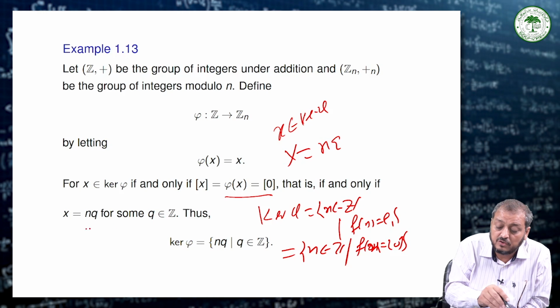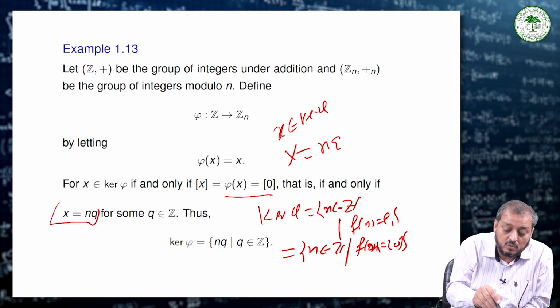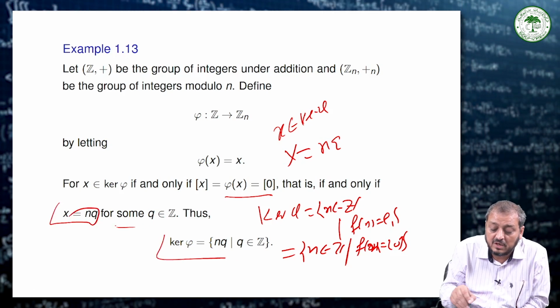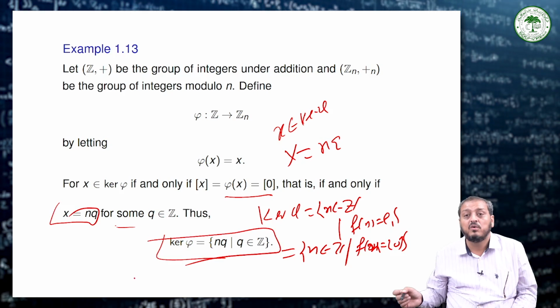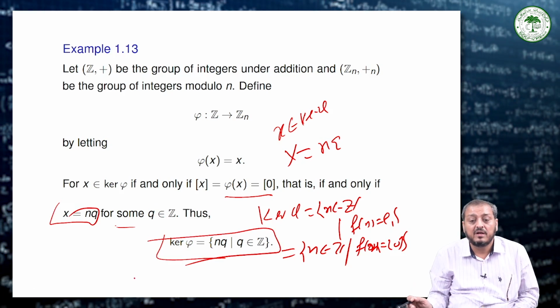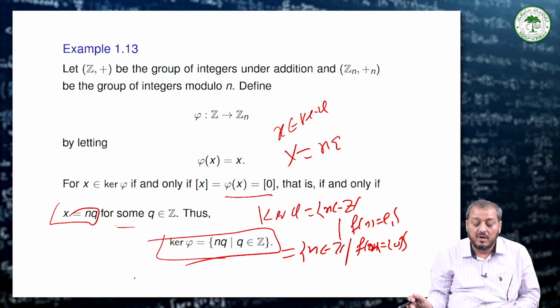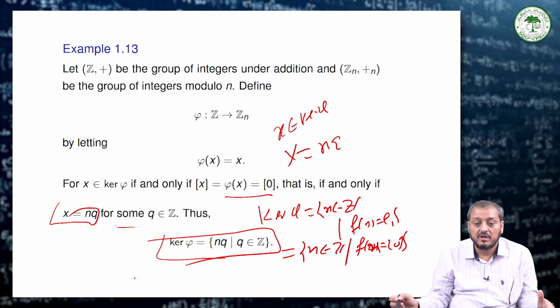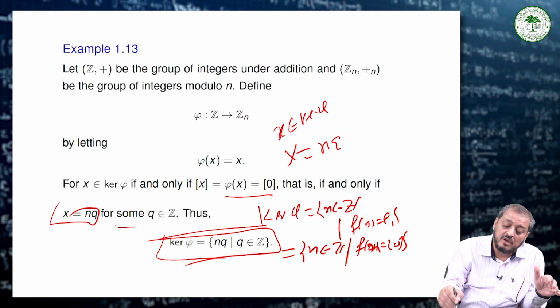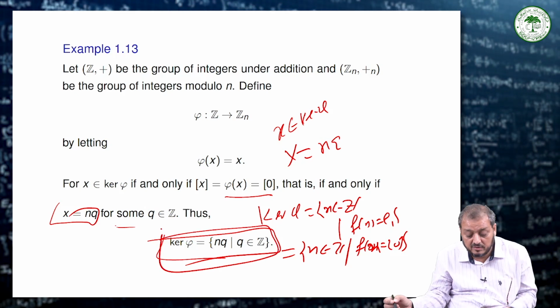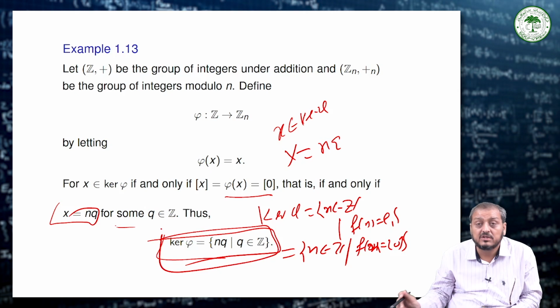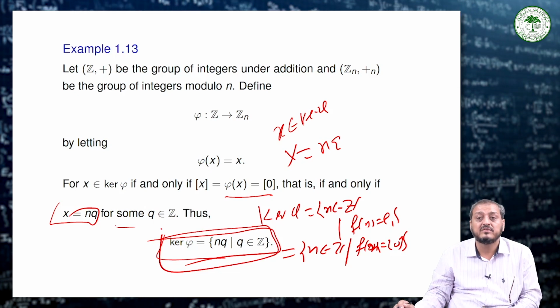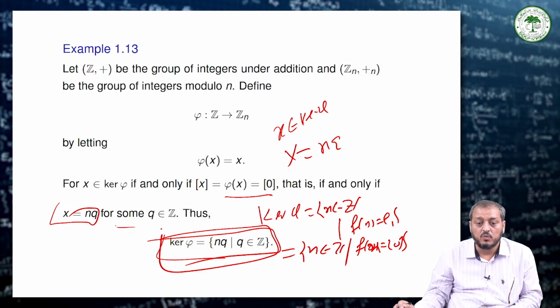So the kernel is nothing but all the elements of the form nq, where q is any integer. So the kernel of phi in this case is equal to nZ, the set of all nq.